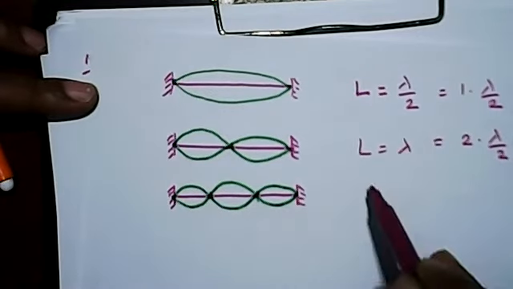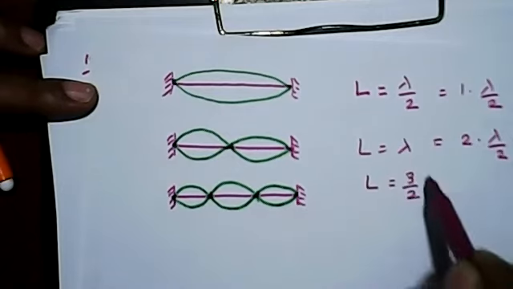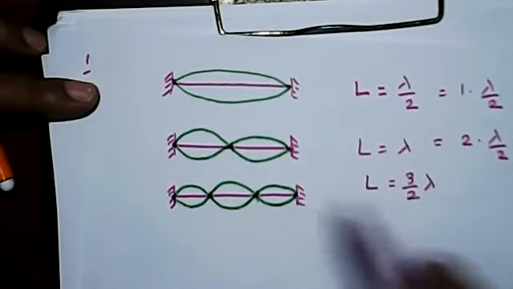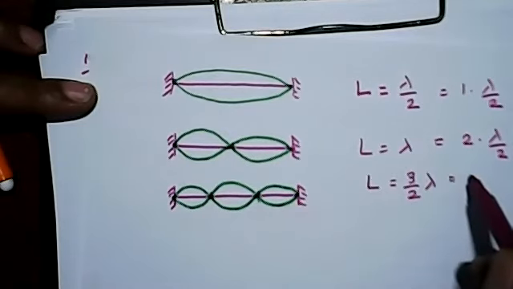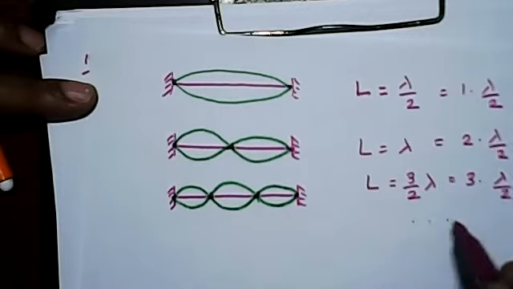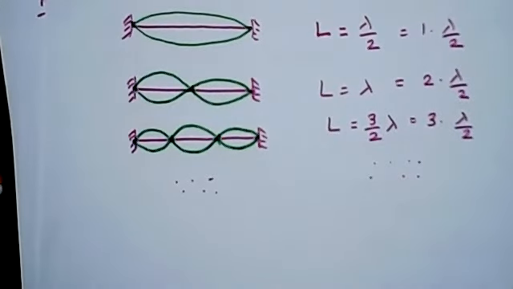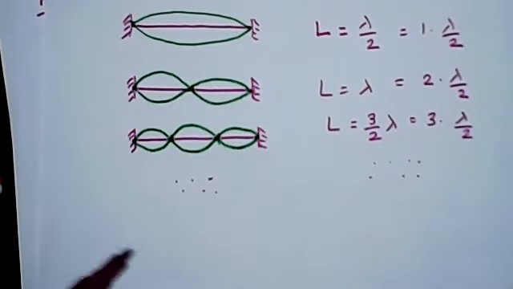And in third case, L equal to 3 by 2 lambda, okay, 1.5 lambda, so this can be written as 3 into lambda by 2, etc. Okay. So these are the conditions for the standing wave pattern.